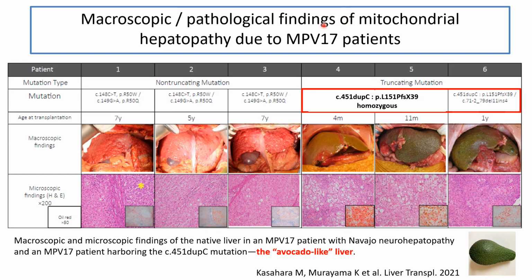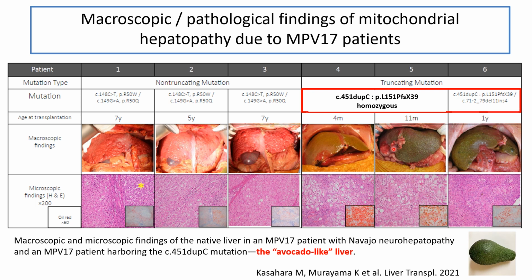This slide shows the macroscopic and pathological findings of mitochondrial hepatopathy due to an MPV17 patient. 451 duplication C, a frame shift mutation. The histopathological findings show macrovesicular steatosis, giant cell hepatitis, and fibrosis with hepatocanalicular cholestasis.